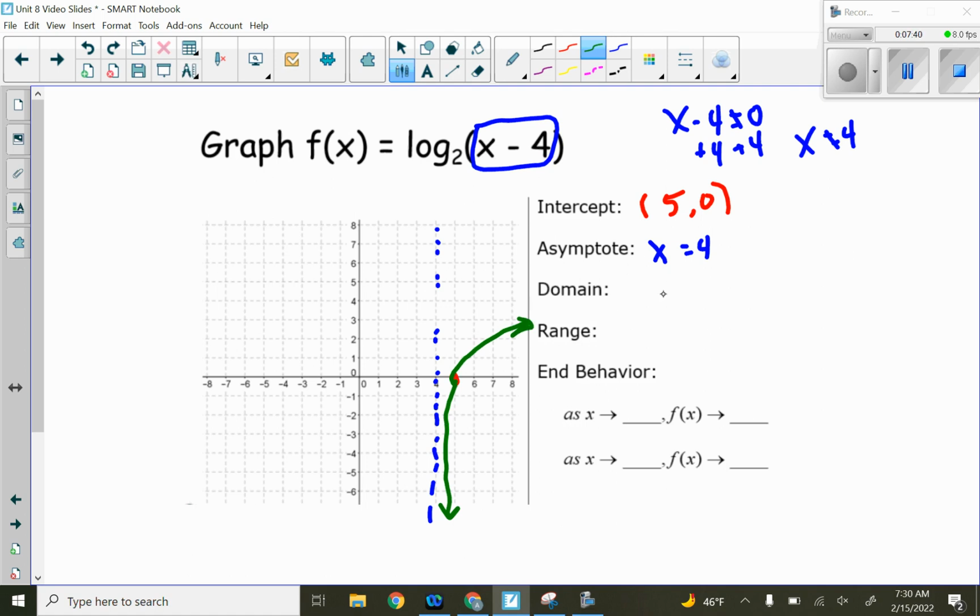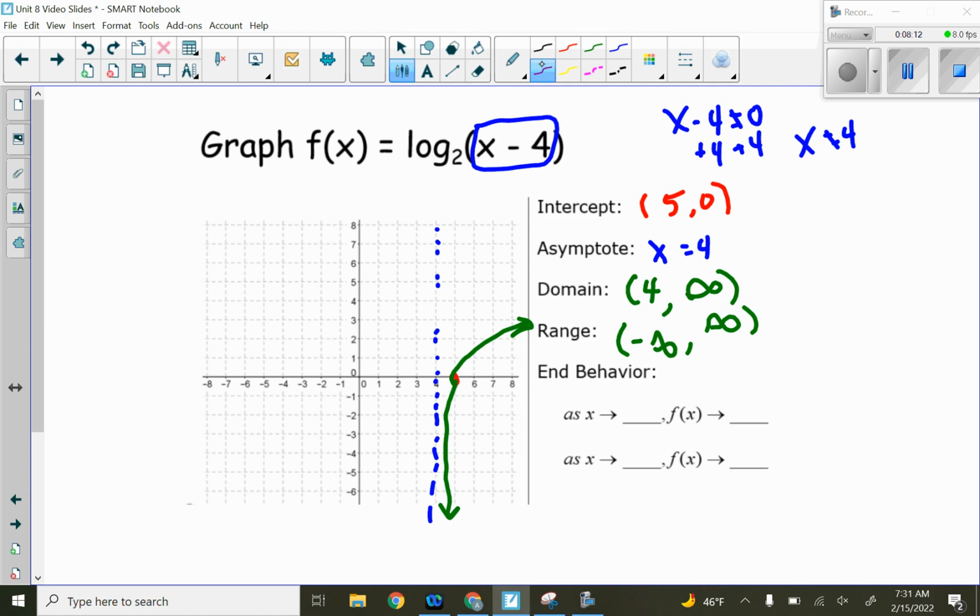Our domain, the furthest left our graph goes is that 4, but it never touches it, so that's a parenthesis, and it's going to go on to the right forever, so to positive infinity. Our range, we're going down forever, so negative infinity, and we're going to go up forever, positive infinity.